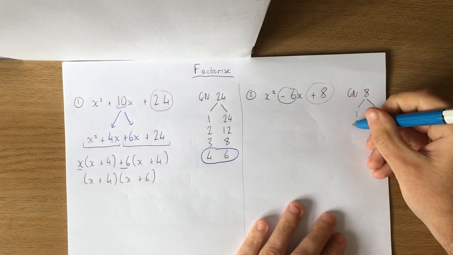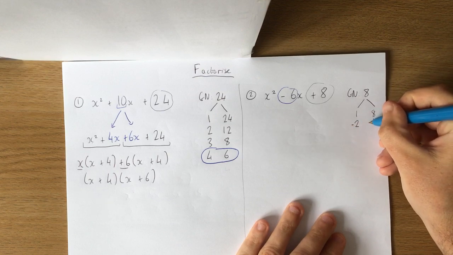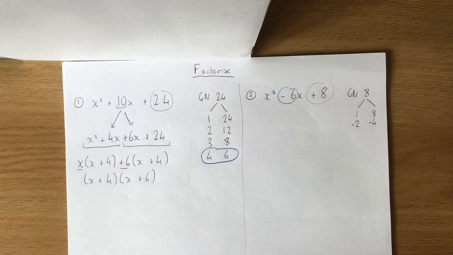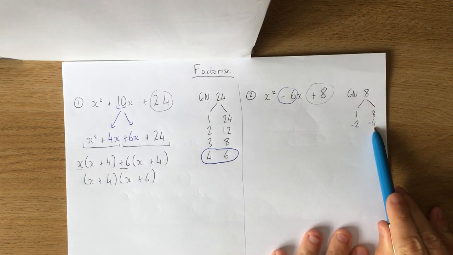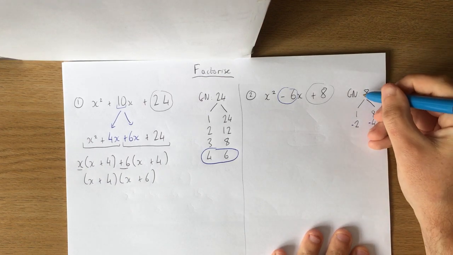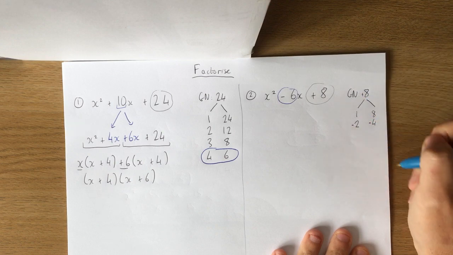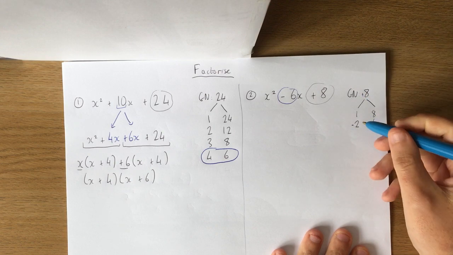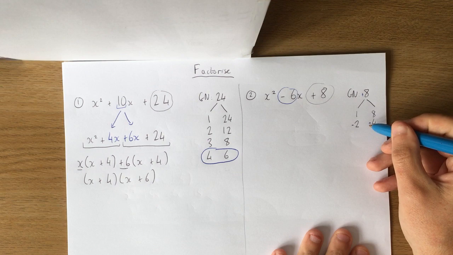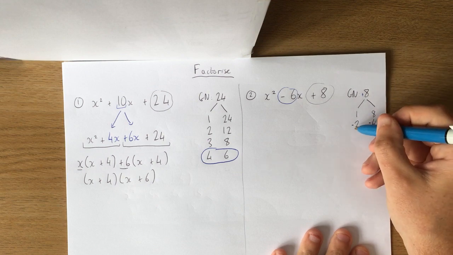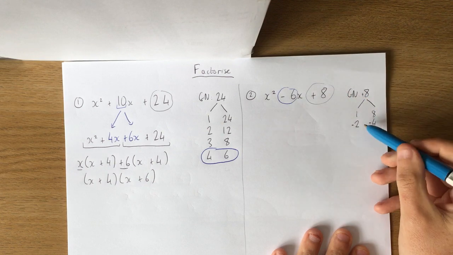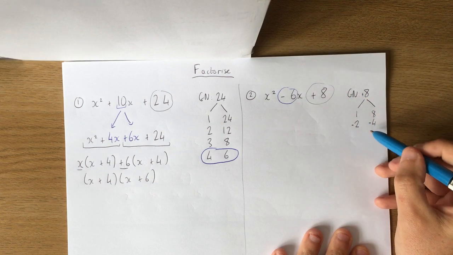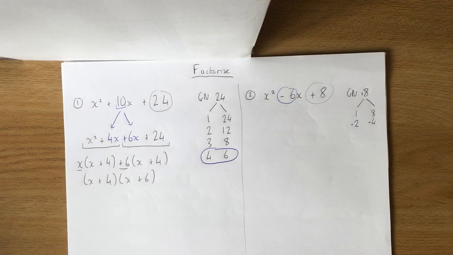Well, if you change both of those to a minus. So what's minus 2 multiplied by minus 4? It's plus 8, because 2 minuses give me a plus. What's minus 2 plus minus 4? It's minus 6. Okay, so it's minus 2 and minus 4 that I use.